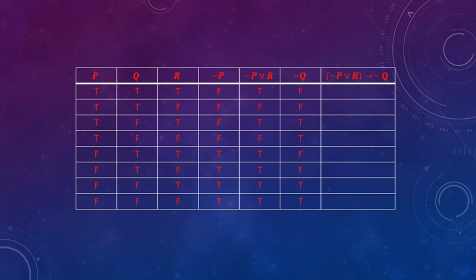And now we are doing the conditional for these 2 rows. Not P or R implies not Q. This first column here, these are your hypotheses, and then the second column here, the not Q, that's your conclusion.